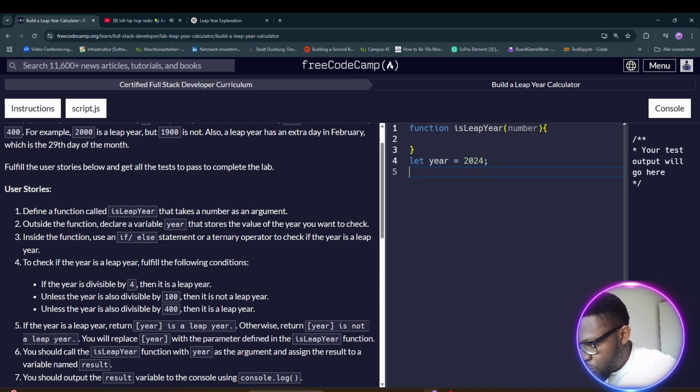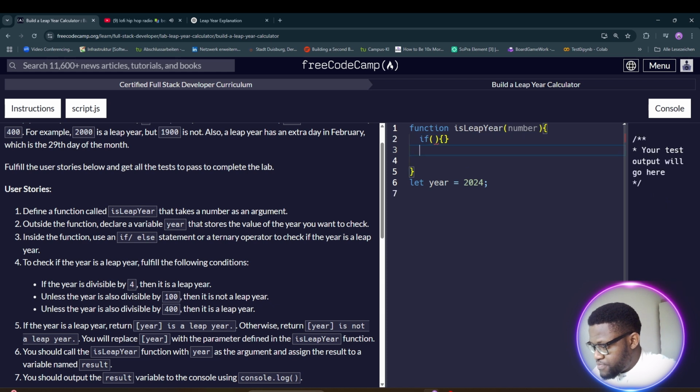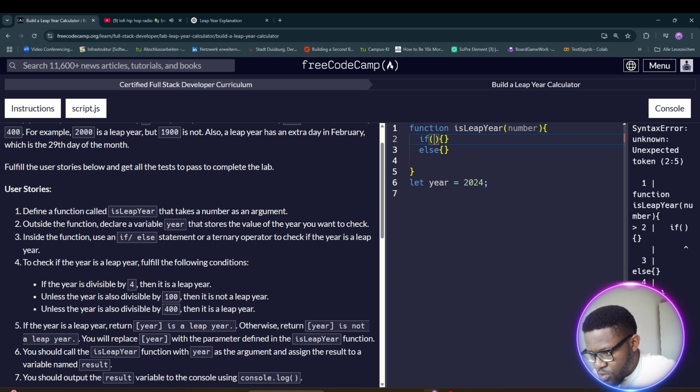So inside the function, use an if-else statement or a ternary operator to check if the year is a leap year. Okay, I'll use if-else. To check if it is a leap year, fulfill the following condition.